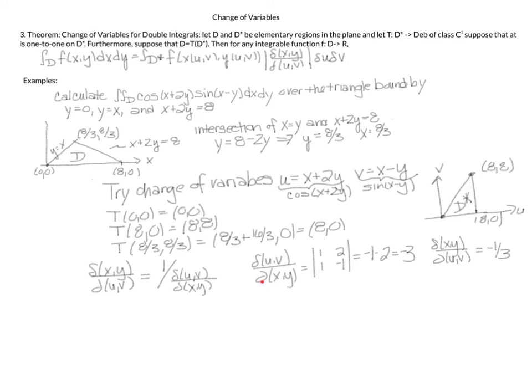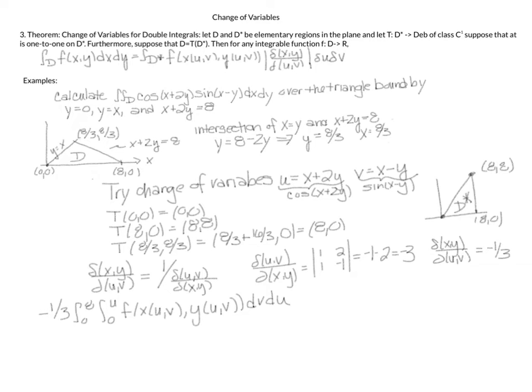Here's my d(u,v)/d(x,y). So I have the derivative of u with respect to x, which is 1, with respect to y is 2. Derivative of v with respect to x is 1, with respect to y is negative 1. So the determinant, I have negative 1 minus 2, which is negative 3, which means my d(x,y)/d(u,v) is equal to negative 1/3. Starting to set up my integral, I have my Jacobian. I just went ahead and pulled it out in front, and it needs a negative.